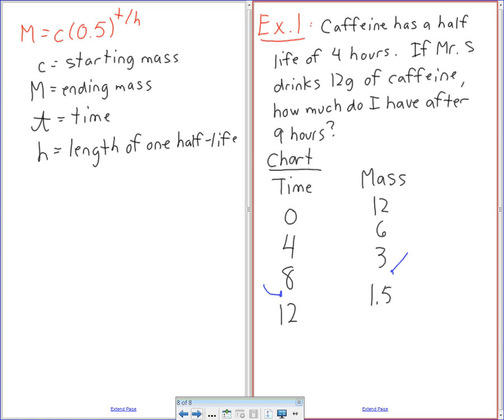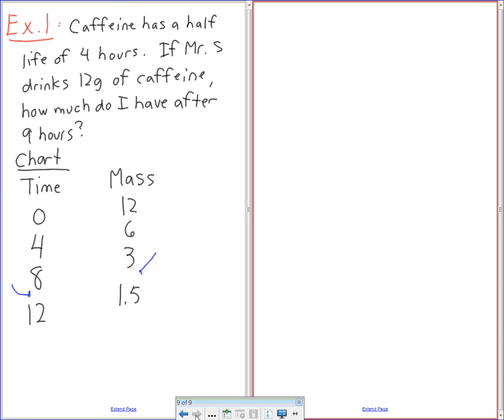Okay. So here we go. I'll write my equation on the board, which is M equals C times 0.5 to the power T divided by H. Luke, I'd like you to fill in one of those 4 pieces of information for me, please. H is 4. That's how long a half-life is. Very good. Noah, can you be brave, please, and fill in one of those 3?